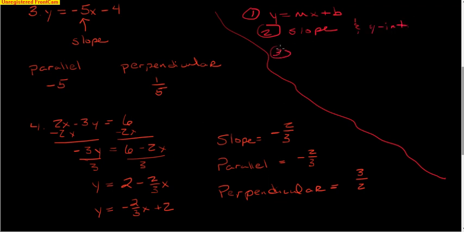You should be able to graph any equation once we put it in there. And then you also should be able to tell me what is the slope of a parallel line and what is the slope of a perpendicular line to that given line. All right, so those are the big 4 things that come out of this lesson.